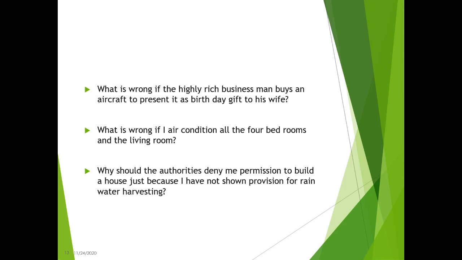What is wrong if the highly rich businessman buys an aircraft presented as birthday gift to his wife? What is wrong if I air condition all the 4 bedrooms and the living room in my house? And why should the authorities deny me permission to build a house just because I have not shown provision for rain water harvesting?